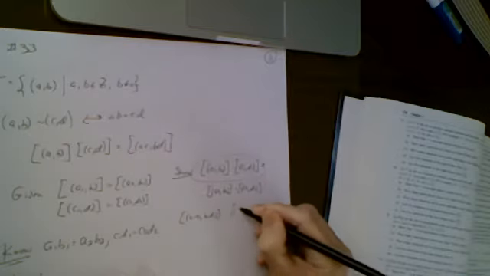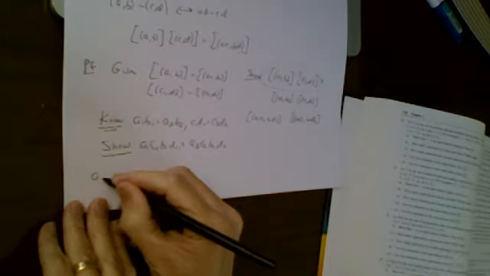This product is (A2C2, B2D2). And we have to show that these two classes are the same. Well, what's the test for whether these two classes are the same? If this product equals this product. So we have to show A1C1B1D1 is equal to A2C2B2D2.